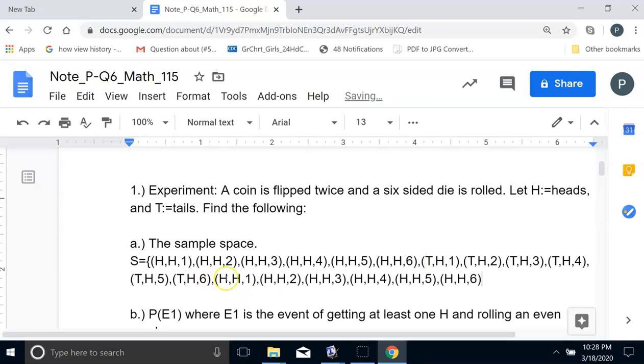I could get then heads, tails 1, heads, tails 2, heads, tails 3, heads, tails 4, heads, tails 5, heads, tails 6.